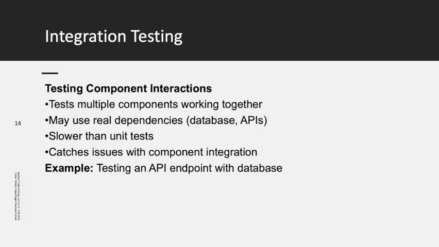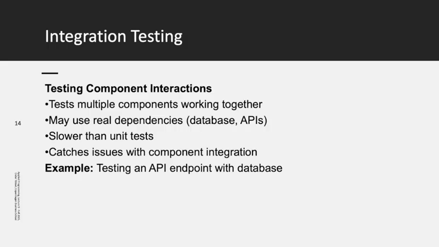Here are real scenarios integration tests would catch. Scenario 1. Your unit tests verify that your order service correctly calculates totals and that your database repository correctly saves orders. But when you connect them, the order service passes a decimal and the database expects an integer. Your app crashes. Integration tests would catch this.